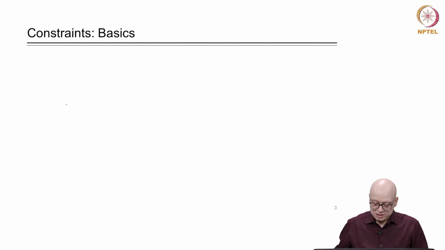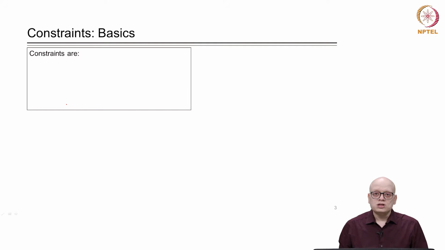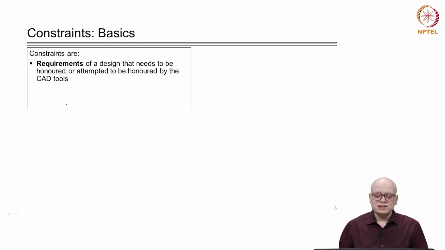So, let us first start with what is a constraint. Constraints are basically the requirements of a design that as a designer we want to be fulfilled. The constraints convey the designer's requirements to the implementation and verification tools.